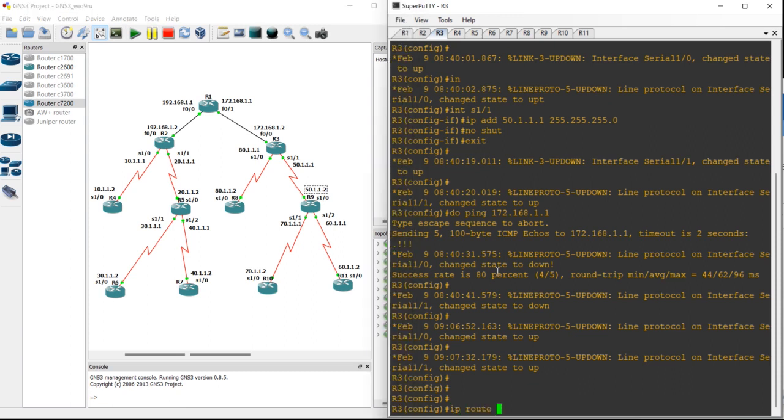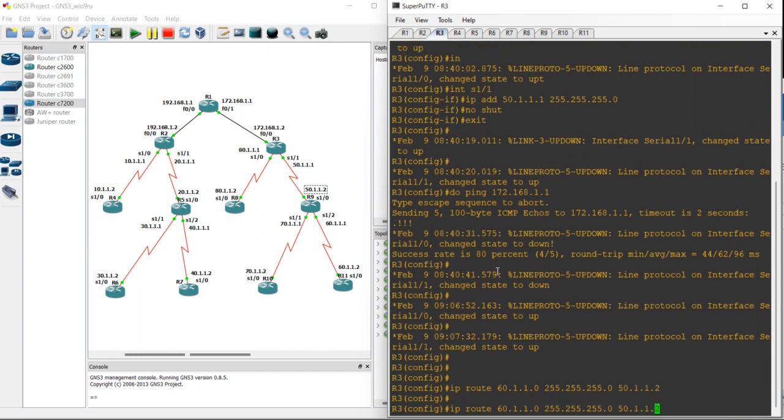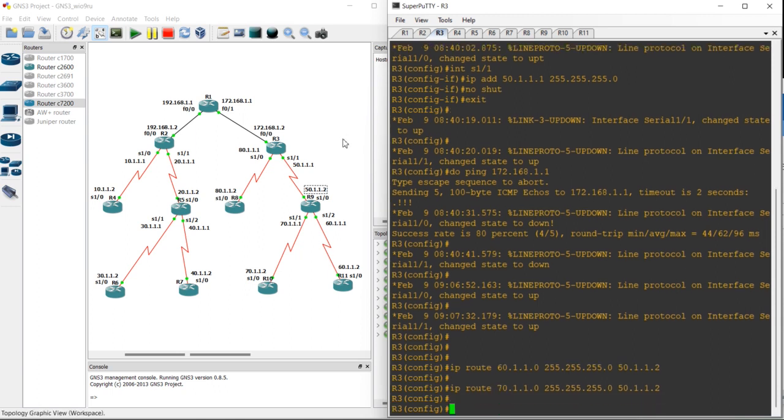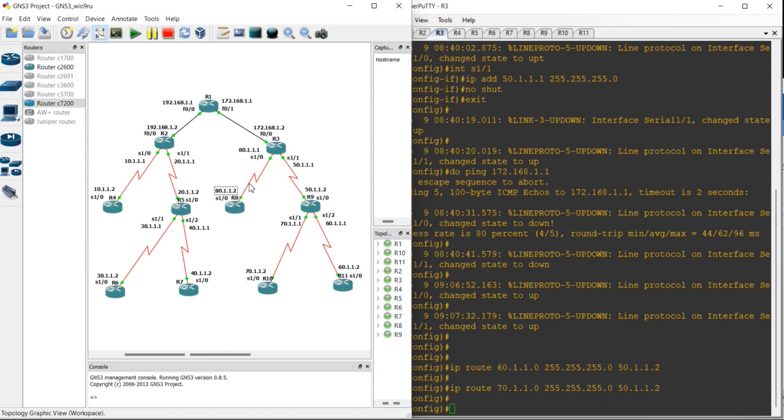So ip route with the 60 network, subnet mask 255.255.255.0, and exit IP 50.1.1.2. For the 70 network, the exit IP is the same. For the 80s network, it is directly connected, so no need.